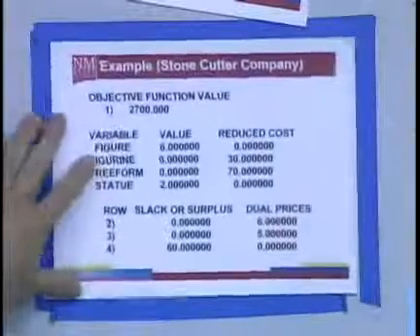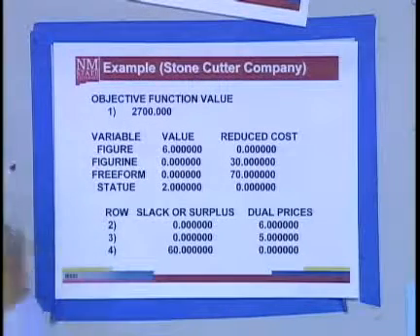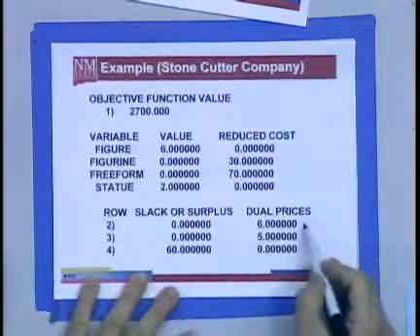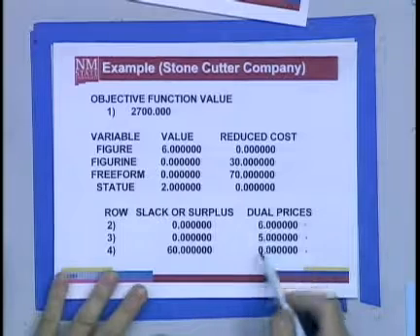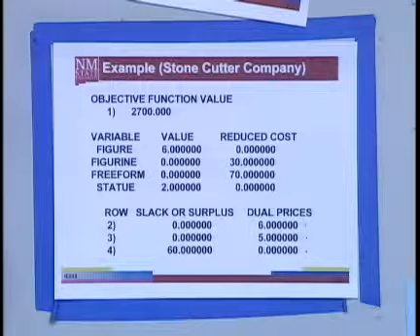And currently, the dual prices for the first, second, and third constraints are 6, 5, 0. Okay? What does it mean?